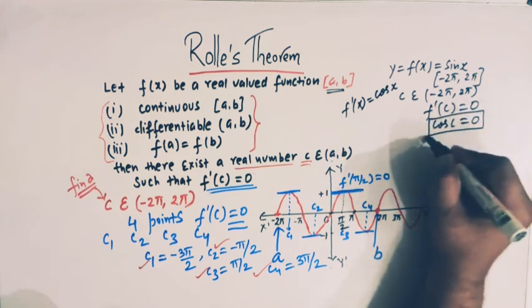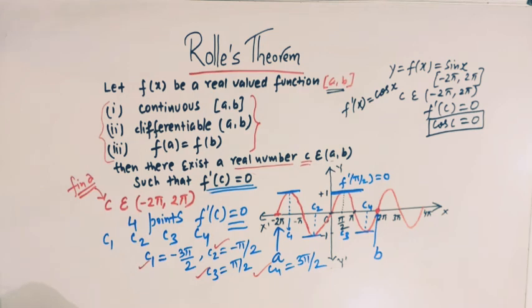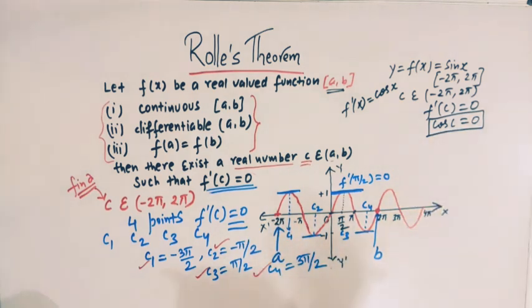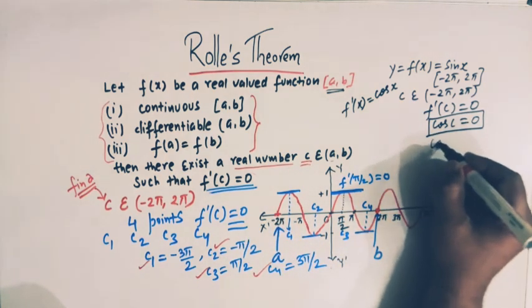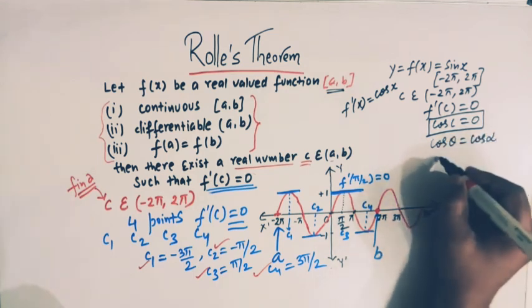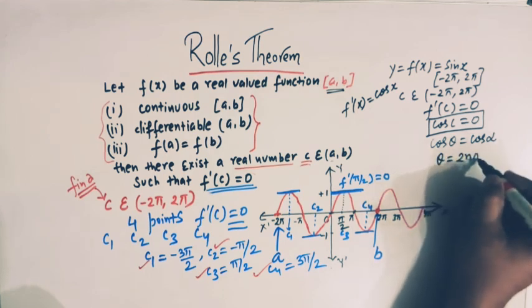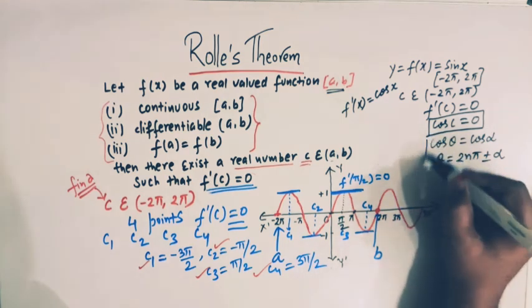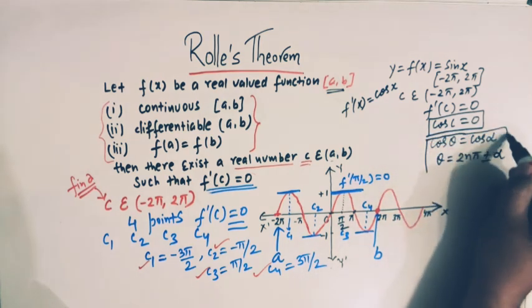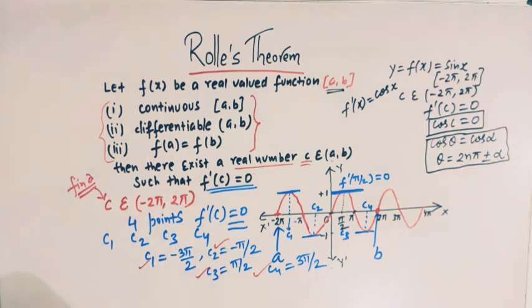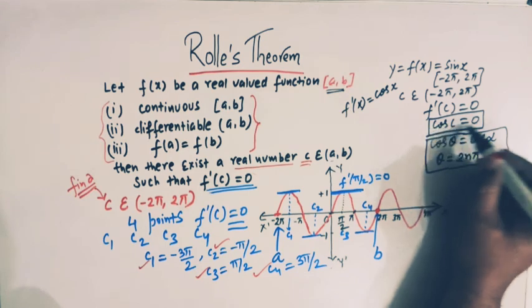Now this is a trigonometric equation and we have to solve this trigonometric equation within this interval. So what we will do, we know that the general solution of the equation cos theta is equal to cos alpha is given by theta is equal to 2n pi plus minus alpha, right? So we know this general form, and with the help of this general form we can find the solutions to this equation.